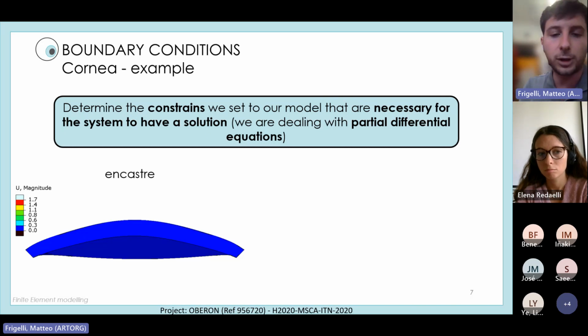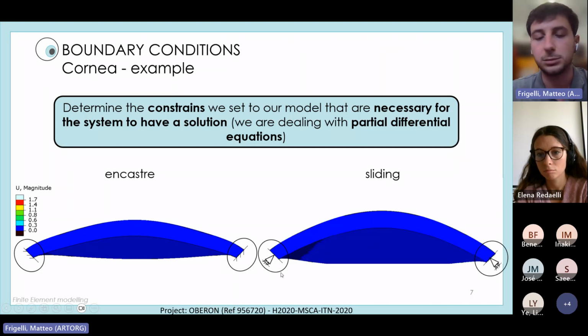The cornea I showed you before can be modeled in this way, but we have to account for the region of the corneal limbus joint. So how do we do this? We can either block, so set zero displacement to all the region in this joint area, or we can, this is another approach, have a sliding boundary condition.